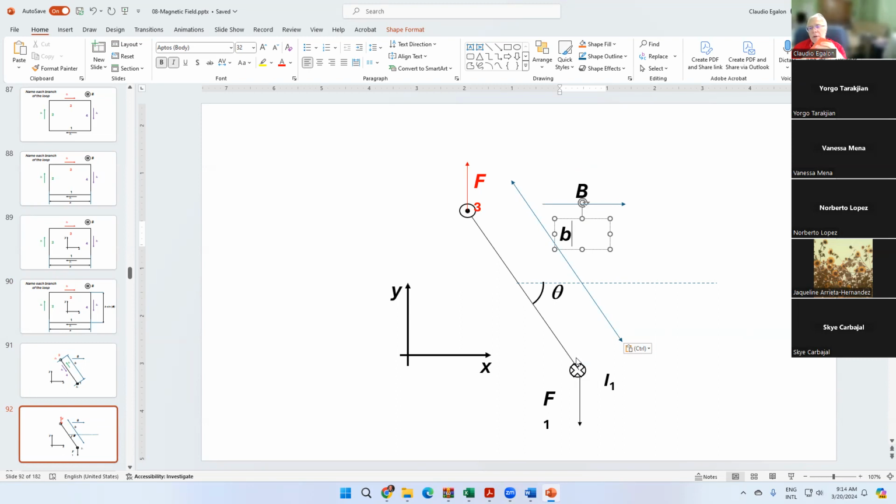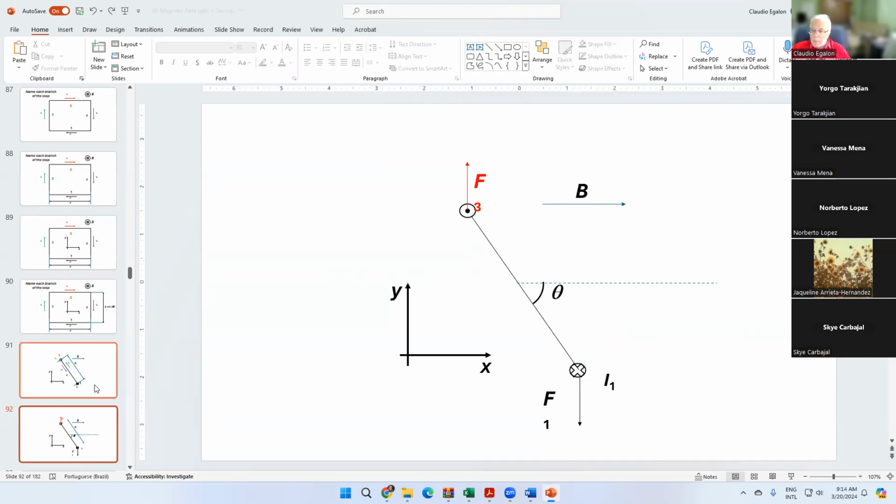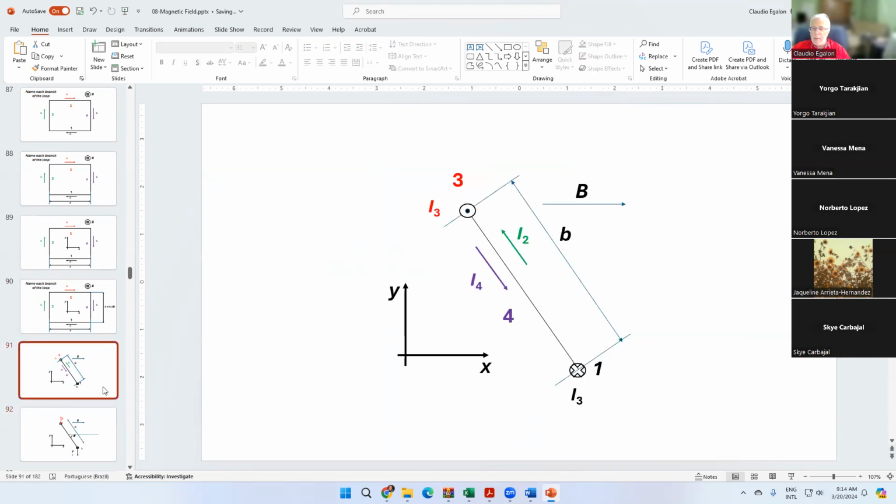And now, here you go, we see it like that. Okay. Now let's start accounting for the forces acting in this loop.